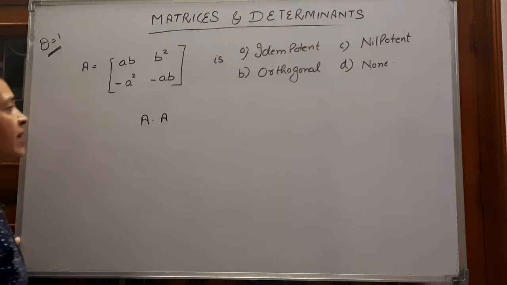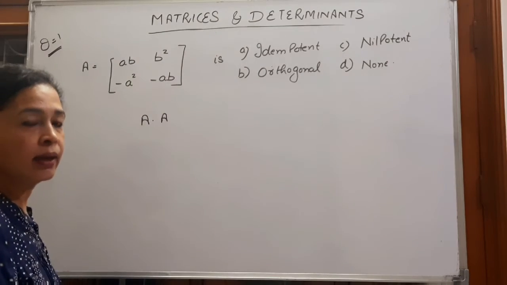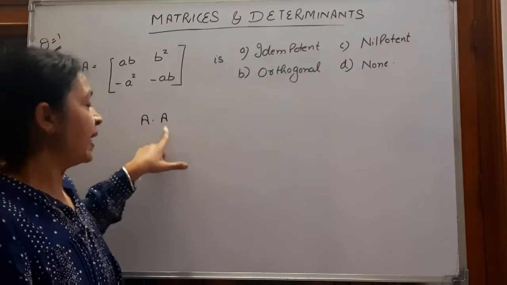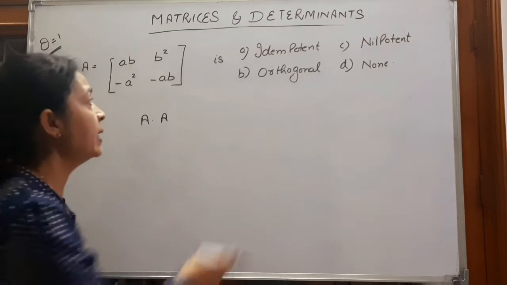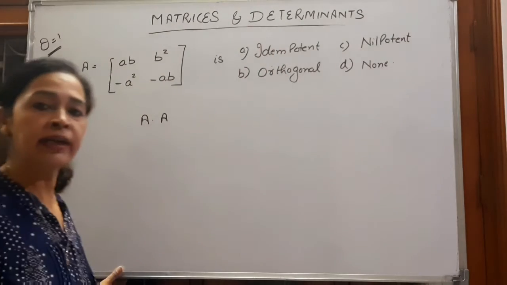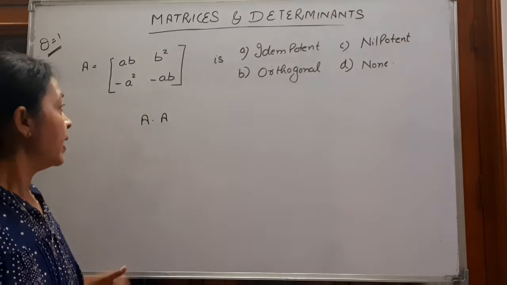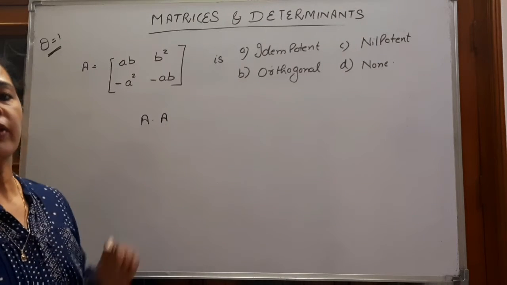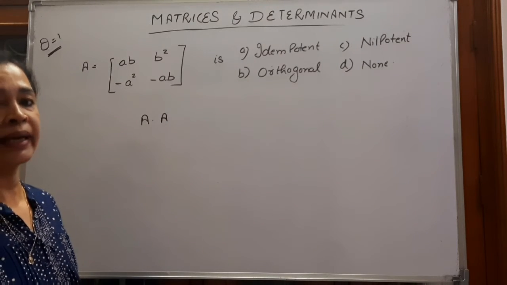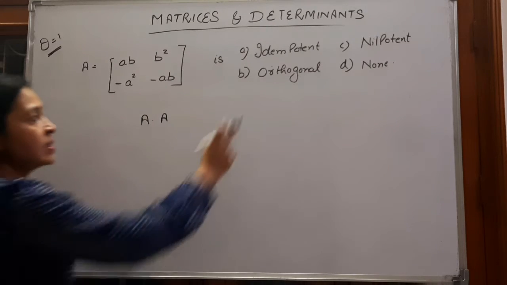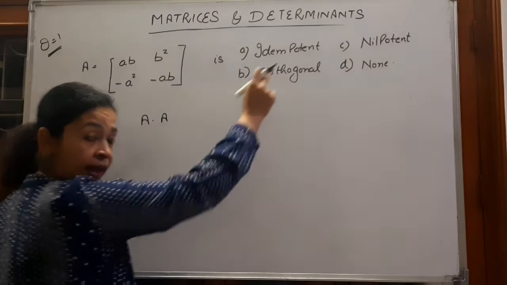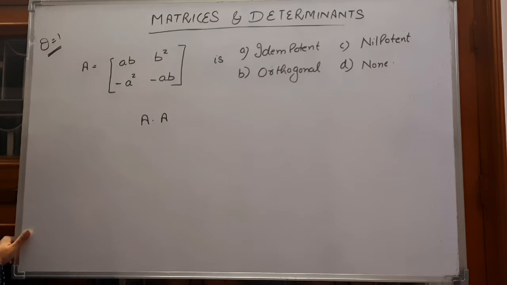First let's check by multiplying A with A. If we multiply A with A and we get A, then it will be an idempotent matrix. And if we multiply A with A and we get null matrix, in that case it will be nilpotent. Let's first do this. Otherwise we will multiply A with A transpose, and if we get I, that is identity matrix, then it will be an orthogonal matrix.